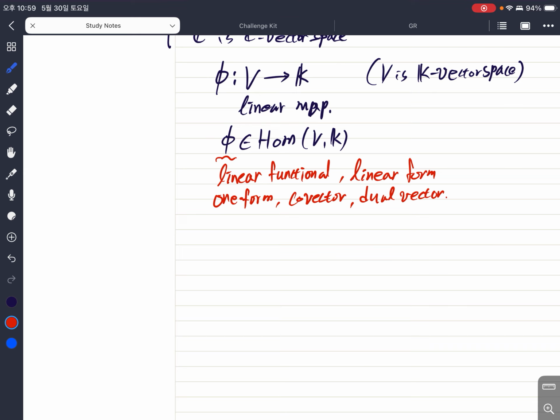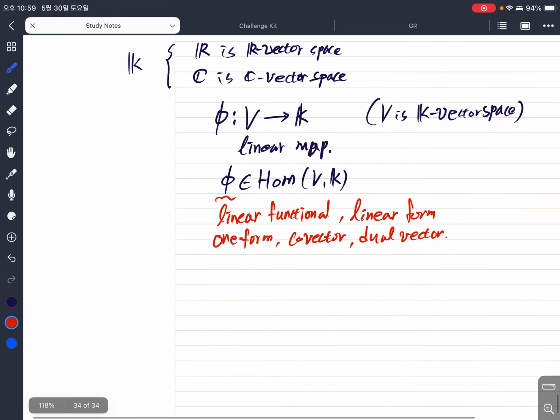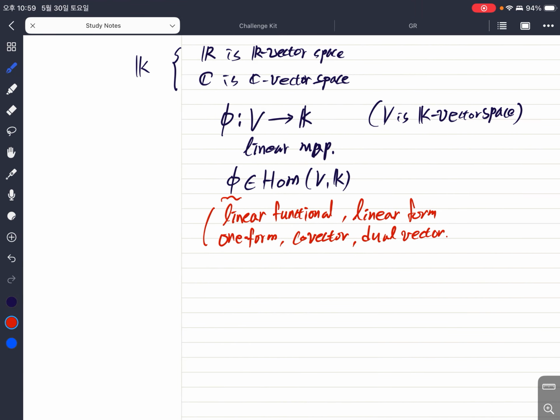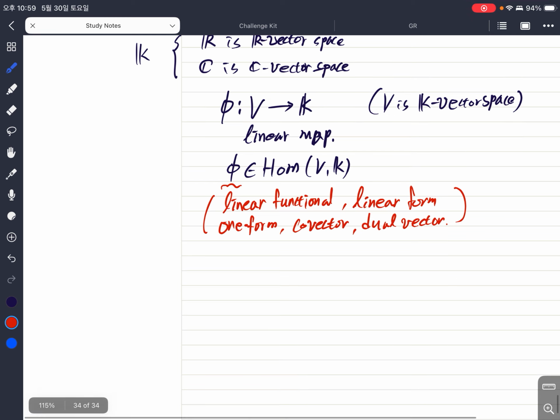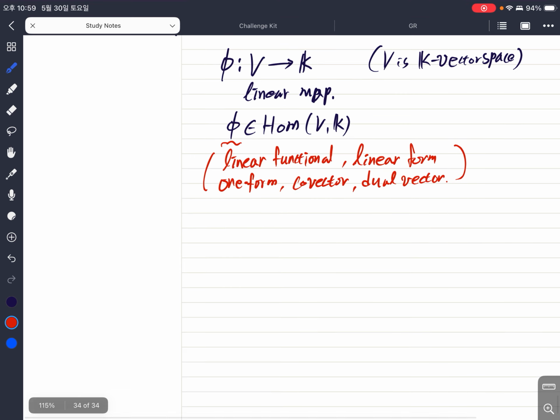They have many names, but if you see these names, you have to think that it is nothing but a linear map whose target is a scalar. So that is the simple definition of them.